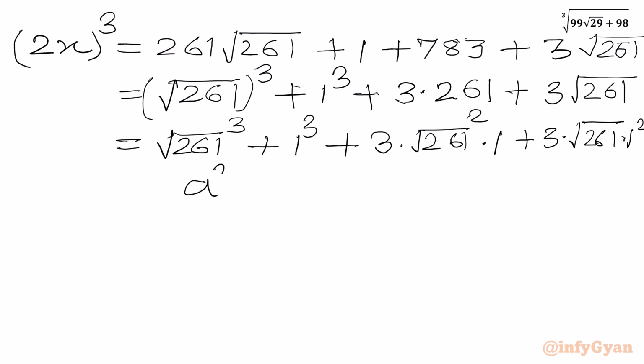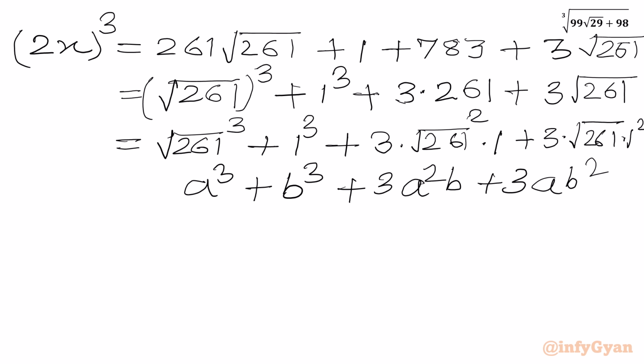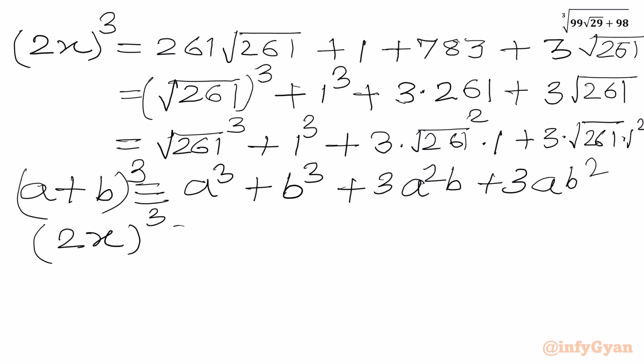If I consider square root 261 as A and 1 as B, then this is A cube plus B cube plus 3A square B plus 3AB square. So in this place we can write A plus B whole cube. So the LHS is 2x whole cube, and the RHS is square root 261 plus 1 whole cube.